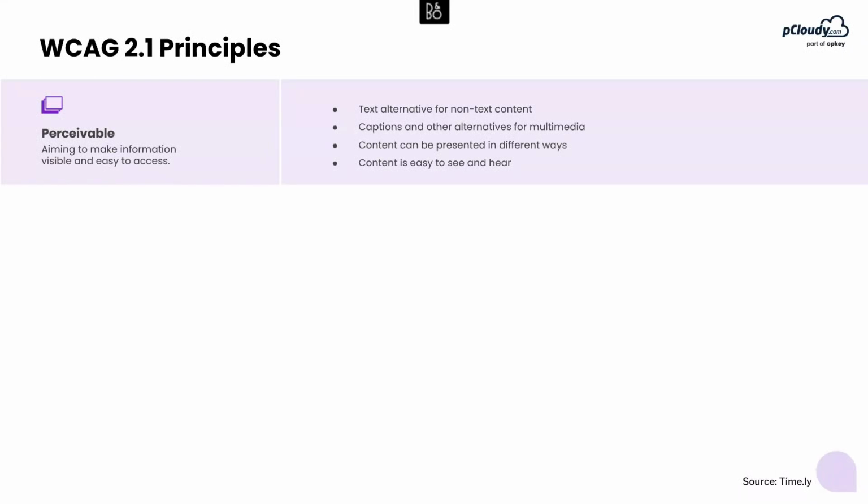And then the content has also to be presented in various different ways so that people with different visual impairments are easily capable of reading the elements on the screen. And whatever content is presented should be easy to see and also easy to hear. Right? So that's the first principle of WCAG, which has set the standard.